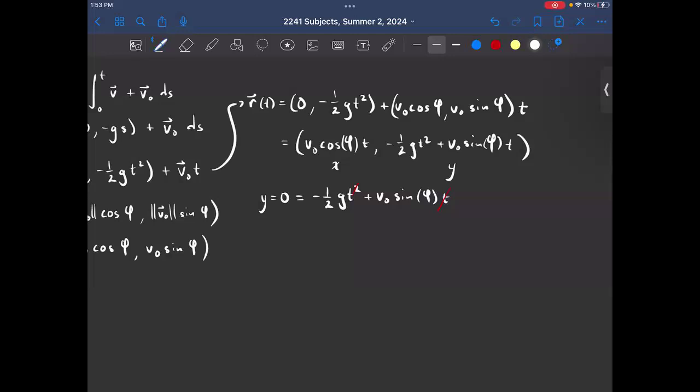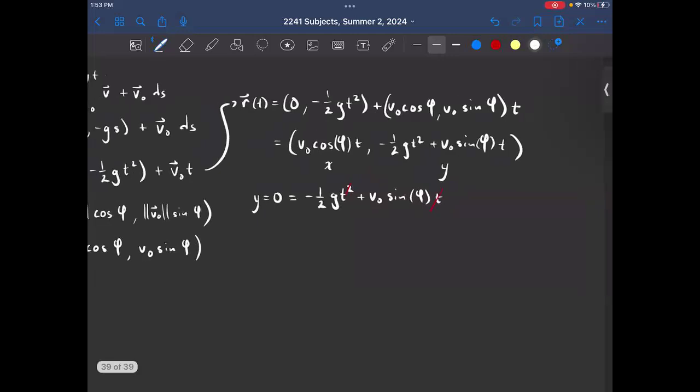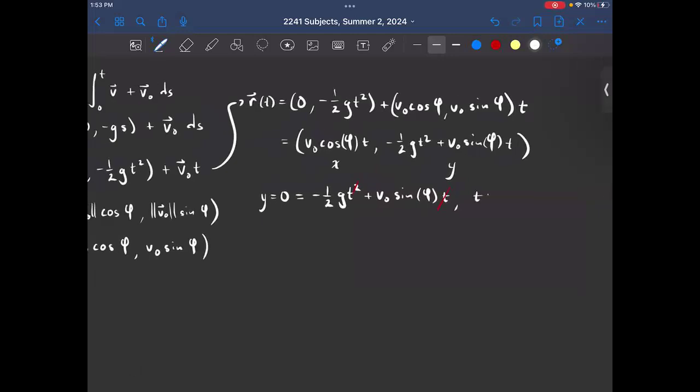All right, and so that gives us an equation we can solve for t relatively easily. So we get t equals v0 sine of the angle times 2 divided by g. And so that's our value of time when the ball hits the ground.